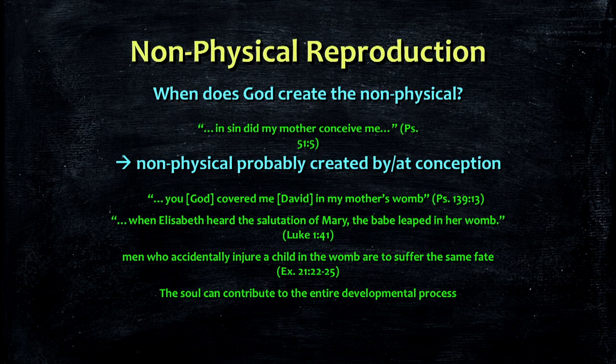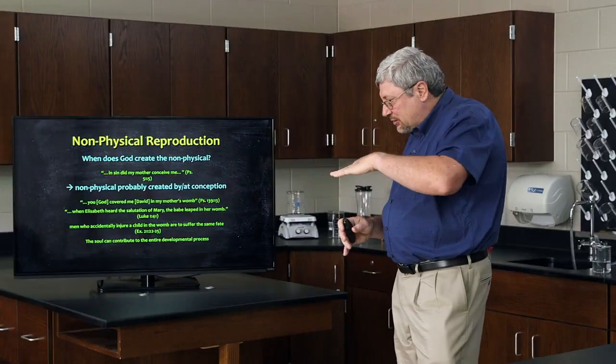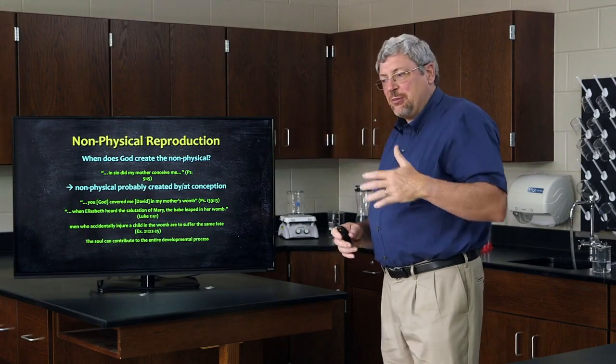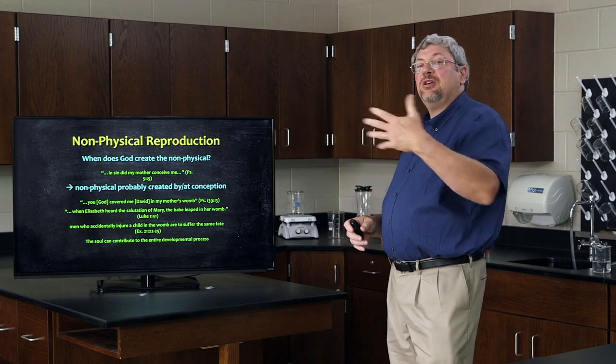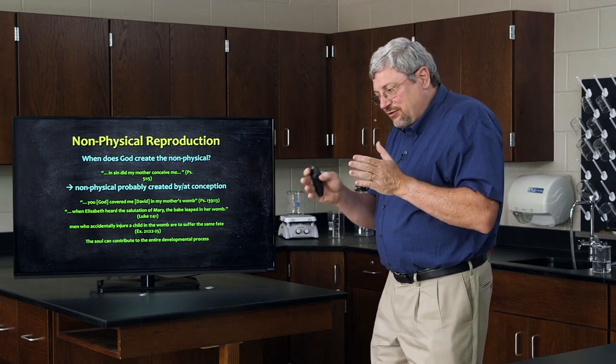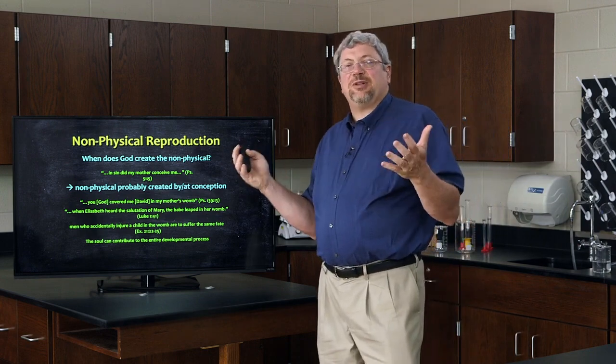what happens, or what is the appropriate response, whenever two men are fighting and they happen to injure a woman who is pregnant. So the situation is two men are fighting with each other and they didn't intend on hurting this woman, but they injure a woman who is pregnant with child. The verses talk about three possible outcomes here.